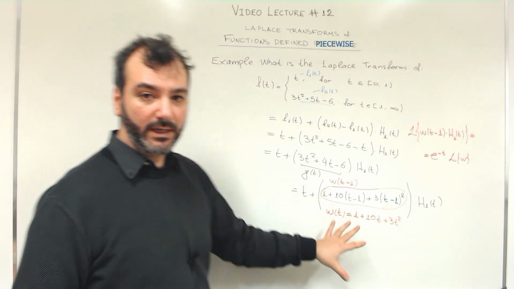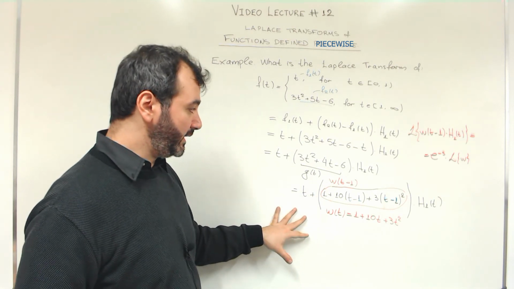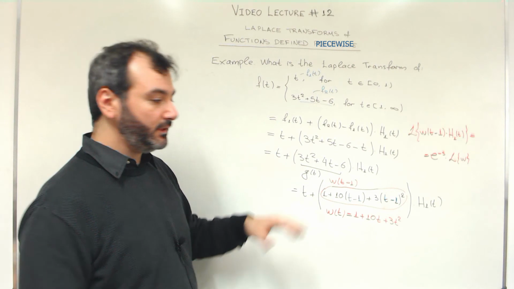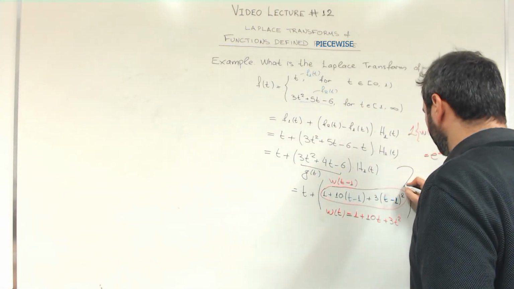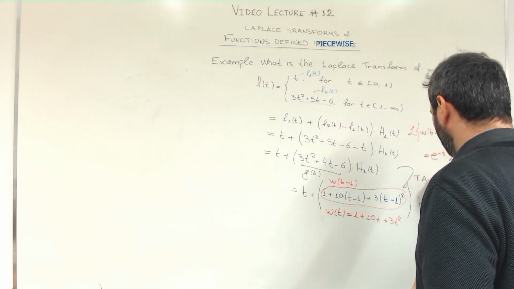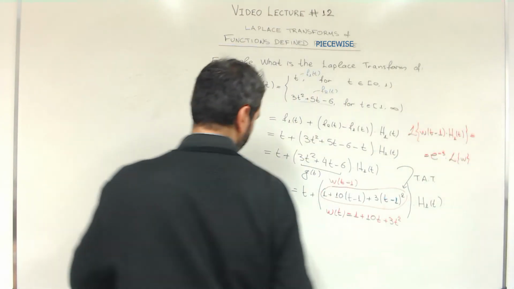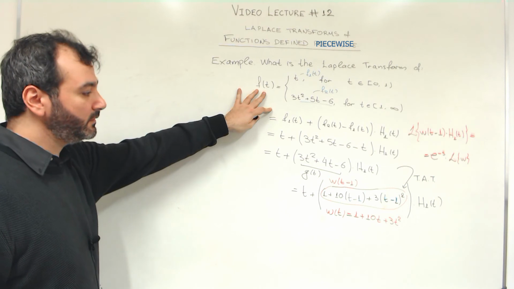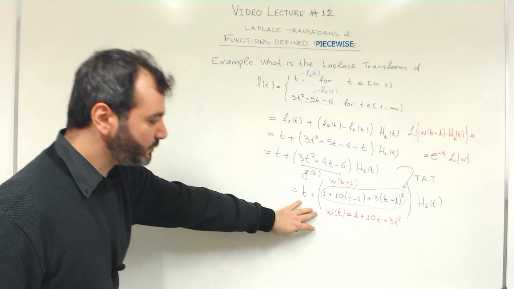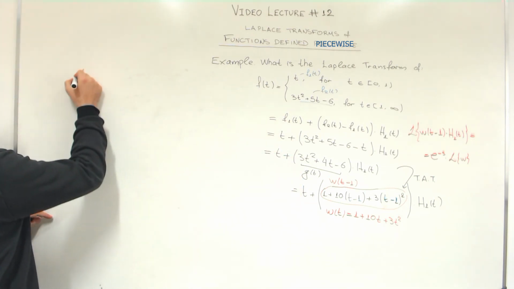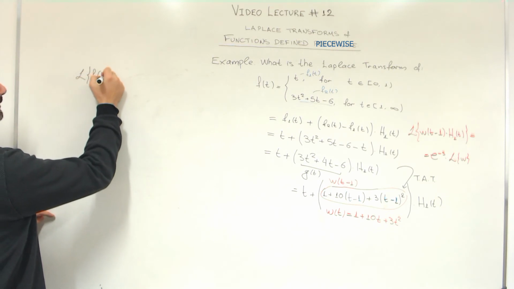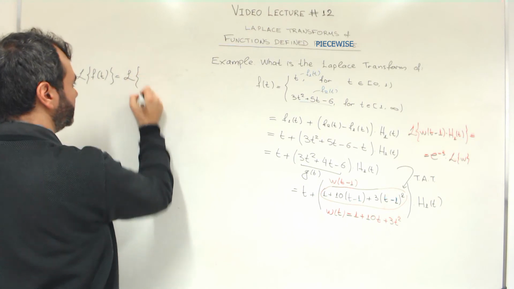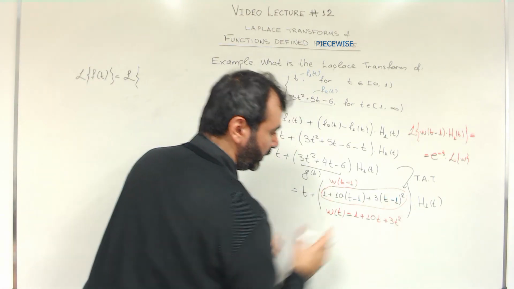So very good. We have used Taylor's approximation theorem to write this function, which we called g of t, in this form. And we can now derive the Laplace transform of function f of t, which we have written like that. So the Laplace transform of f is the Laplace transform of this expression.